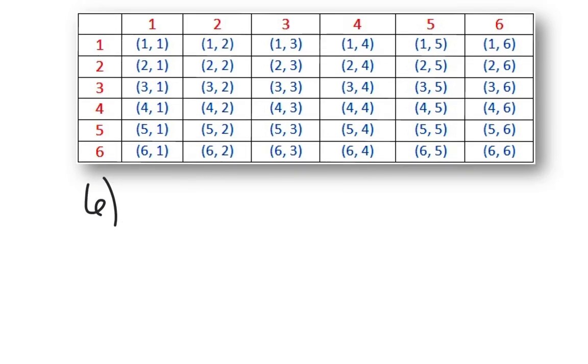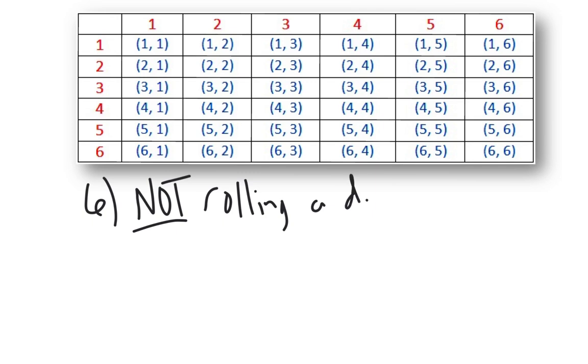Number 6, they want us to find the probability of not rolling a difference of 1. One way to do that might be easier is to look at what all do we have that is a difference of 1.